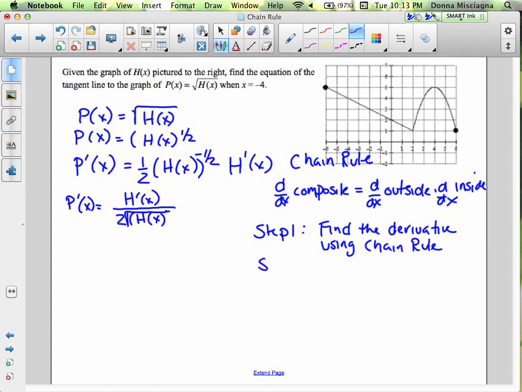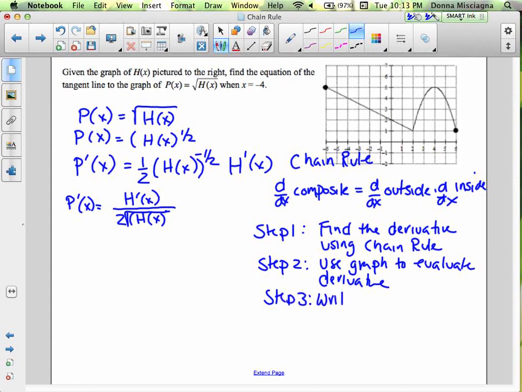Step 2, use the graph to evaluate. And we're evaluating the derivative. And in this case, we have a step 3 because it said equation of the tangent line. So step 3 is write the equation of the tangent line.